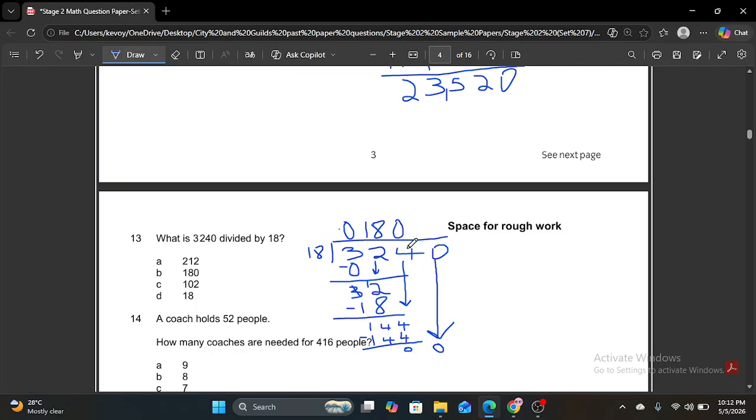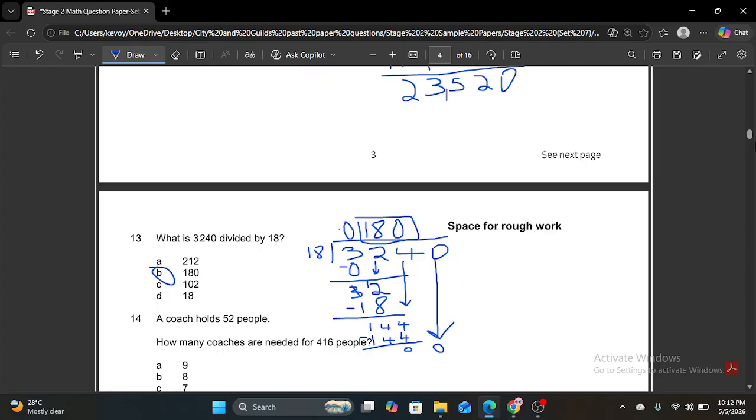Because there is another 0 afterwards, you put it right there. So what's the answer right there? We have 180. So 180, that's the answer for 13.